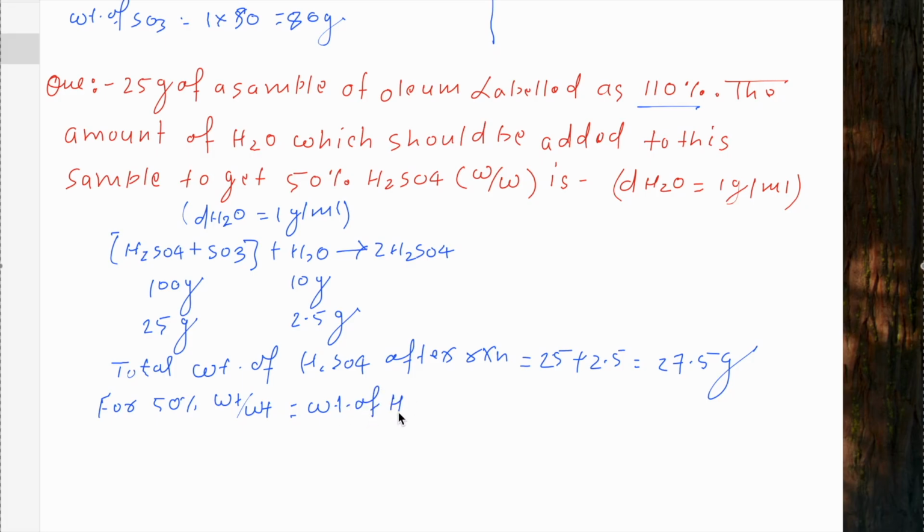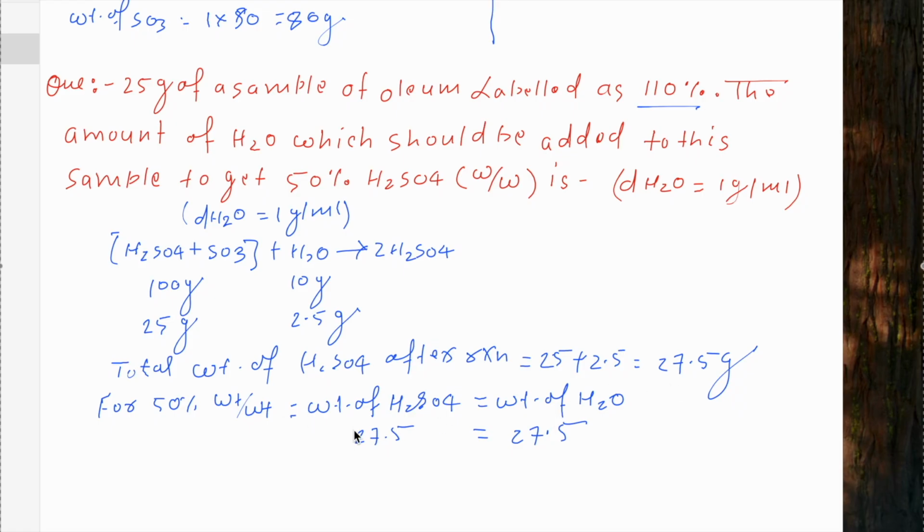Weight of H2SO4 must be equal to weight of H2O, then it will be 50%. So now you can say this must be 27.5 gram, what we have calculated here, then this must be 27.5 gram, because it is 50%.